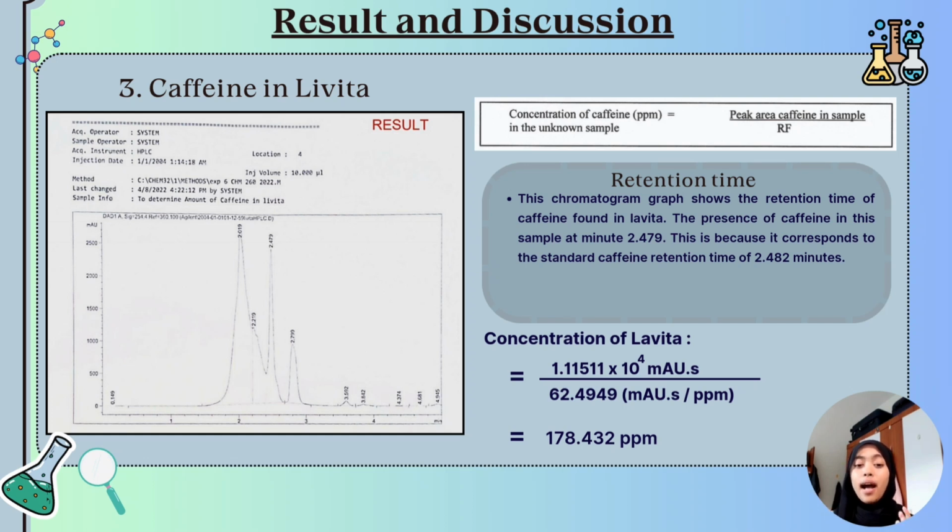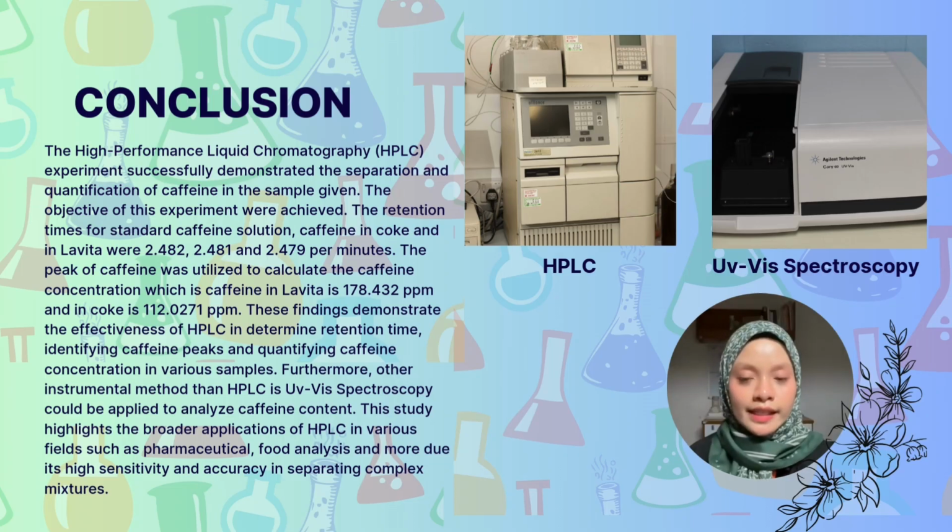This is the RF. Then the unit mAU times s cancels, and we get the result. Concentration of caffeine in Lavita is 178.432 ppm.